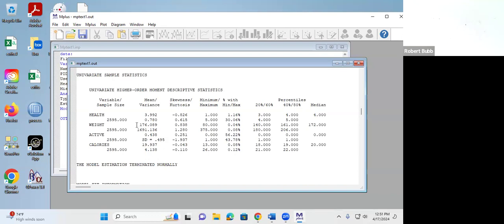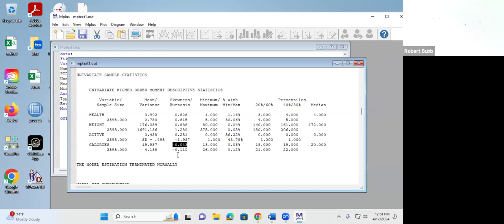All right, what about calories? We'll go back to active in a second, but what about calories? We had negative 0.043, which means what?